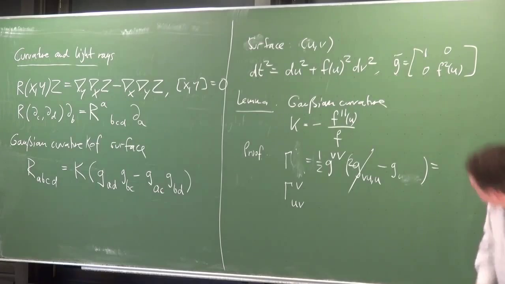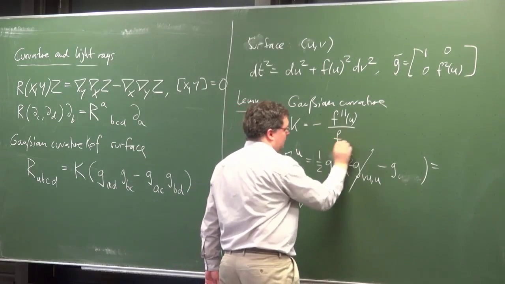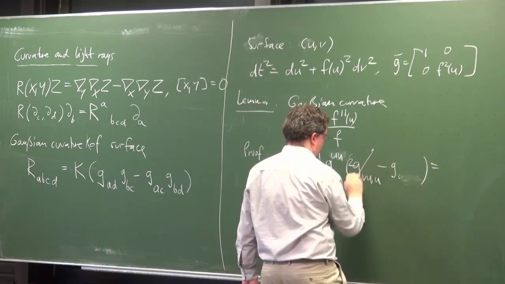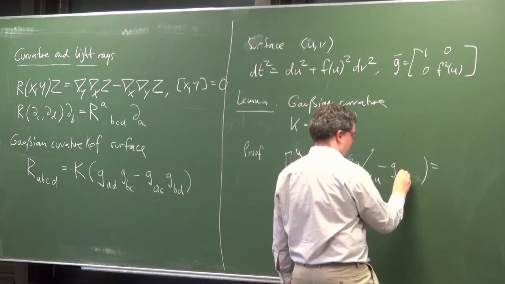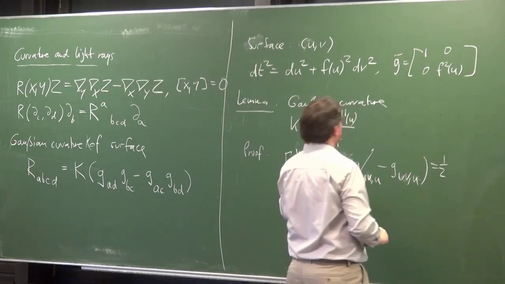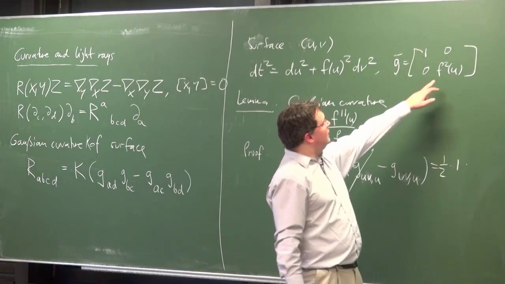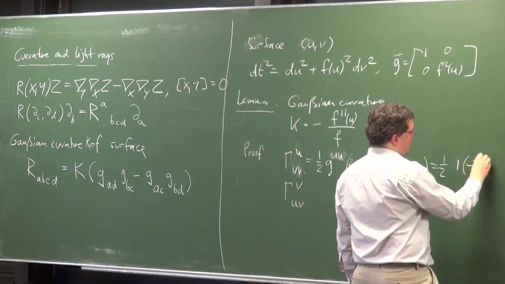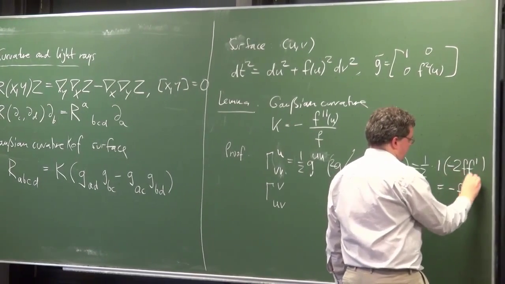Is this right? So it's u v v. Ah, yeah, that makes more sense. g_{vv,u}. So a half times g^{uu}, that's 1, times minus g_{vv} differentiated with respect to u. So this is minus 2 f f prime, so this is, yes, that's right. It's minus f f prime.